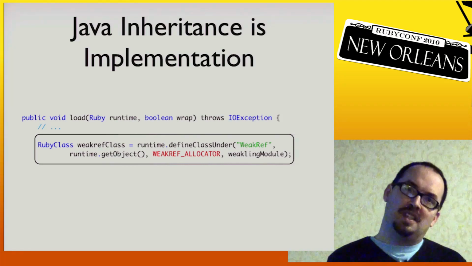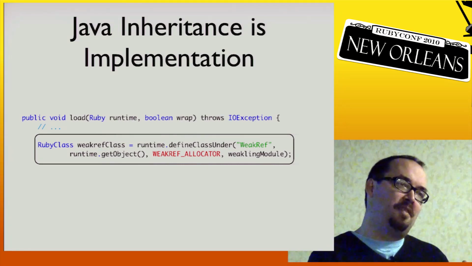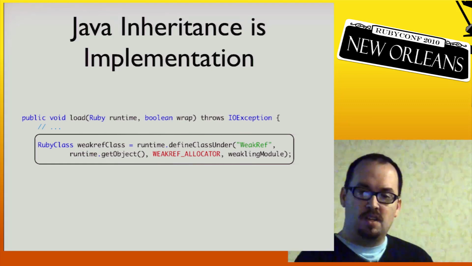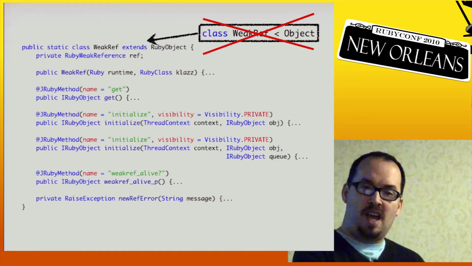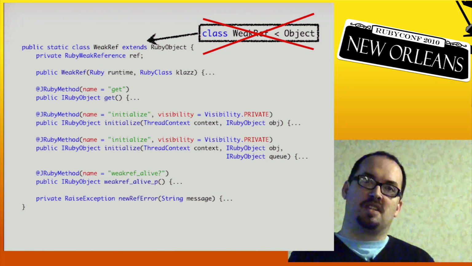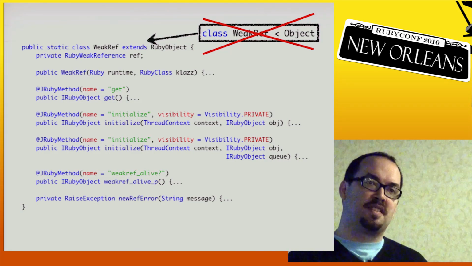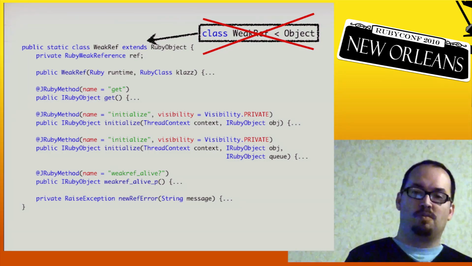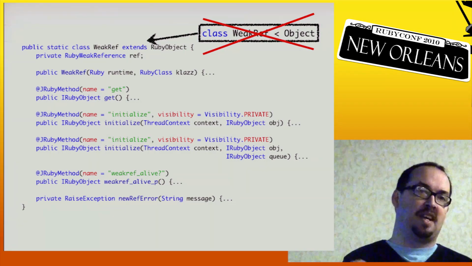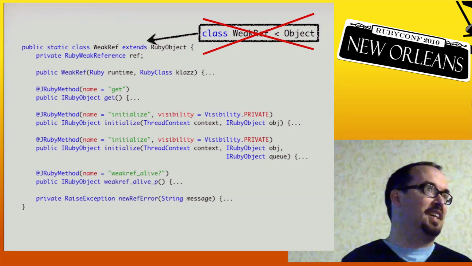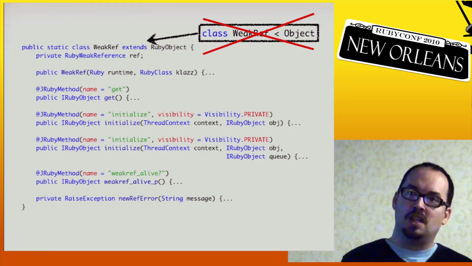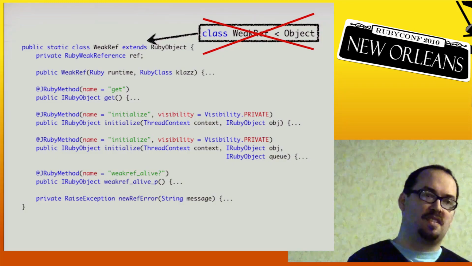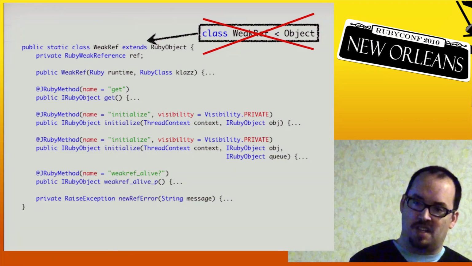We have a set of methods for establishing every Ruby relationship you have as Java methods, but we actually have weakref extend Ruby object as a Java implementation convenience. So now if weakref wants to actually do dynamic dispatch, well, Ruby object implements a call method, again, another tongue twister, but now it has access to all those methods and that additional state. So it's just an implementation convenience.